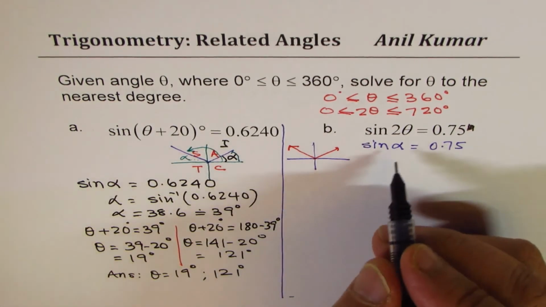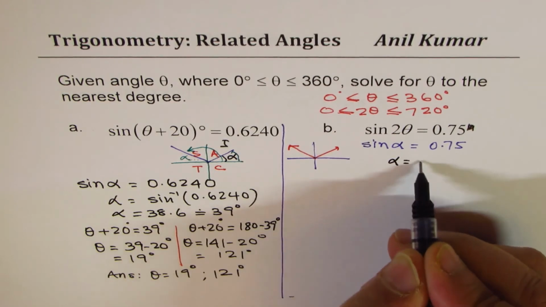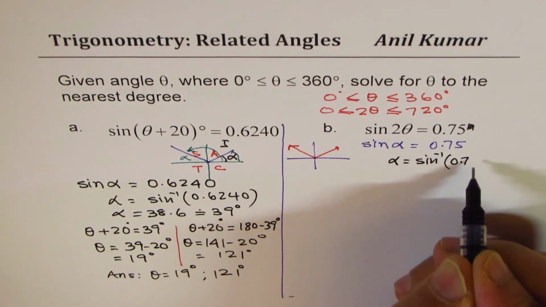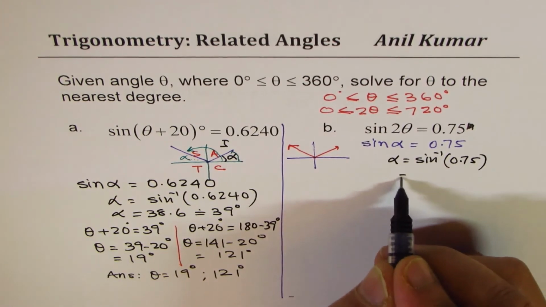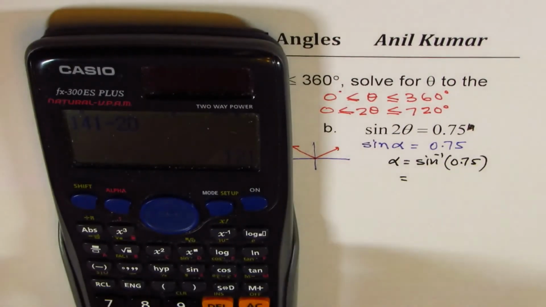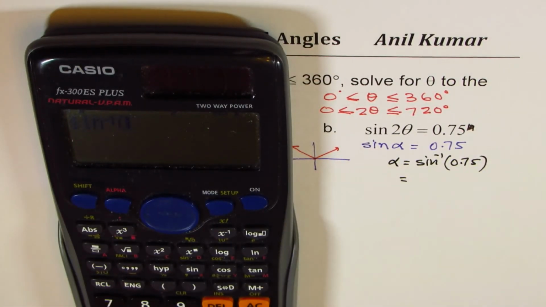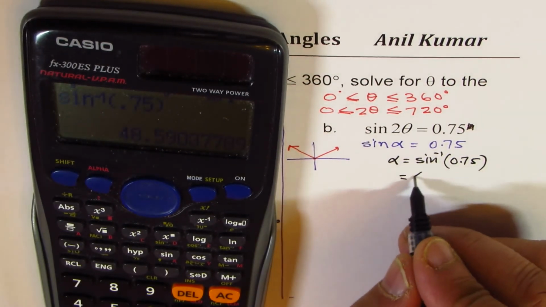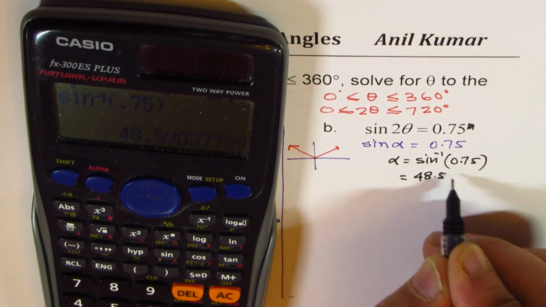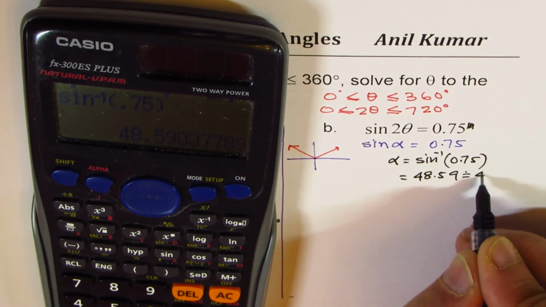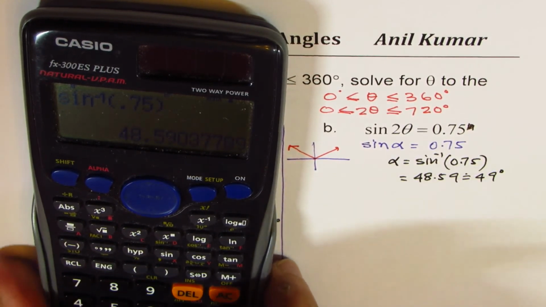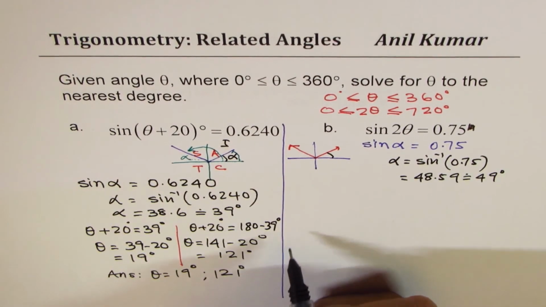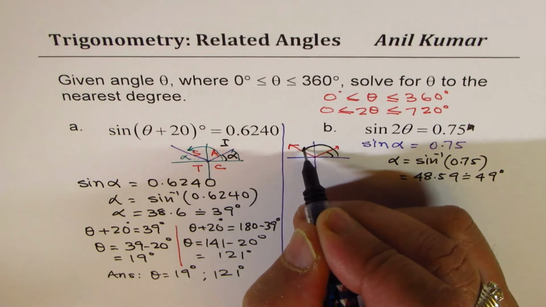Now that gives us alpha equals sine inverse of 0.75. So let's find this angle. We have shift sine inverse 0.75 equals 48.59, approximating to 49 degrees. Okay. So we found one angle. Now what should be the other angle?